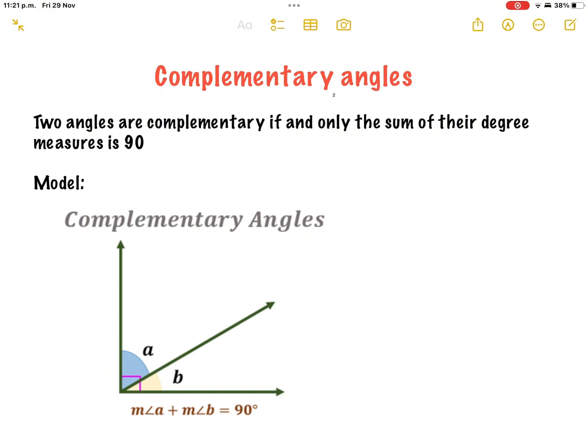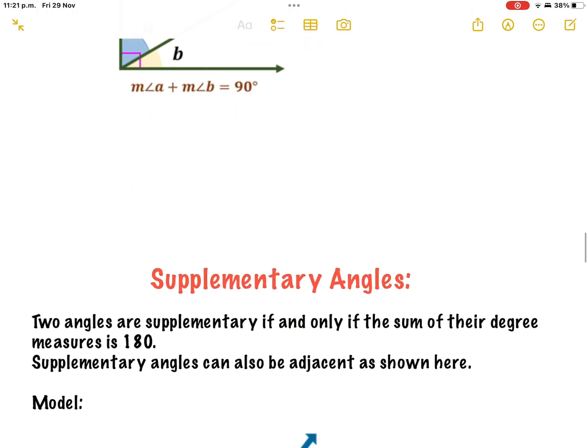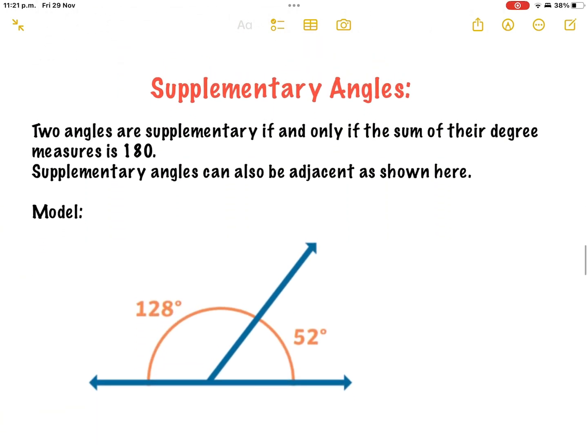Now we know that the supplementary angles measure 180, and let's remember that they can be made with the linear pair, that is the line that has the other line on top, starting from the vertex, and those two angles are supplementary.